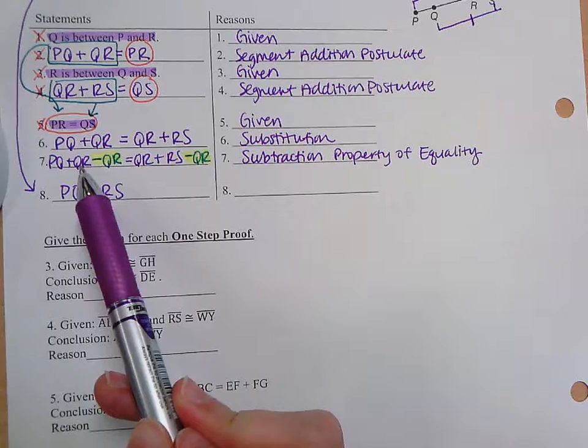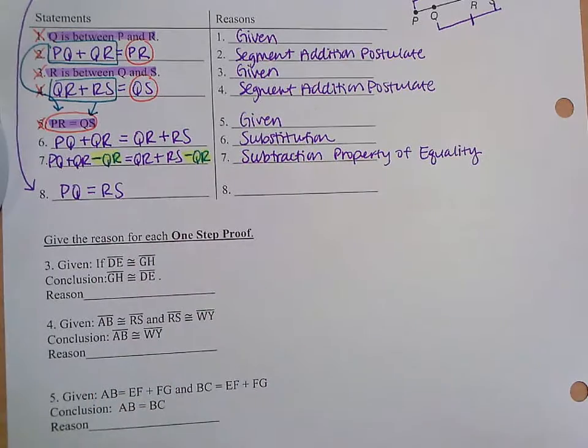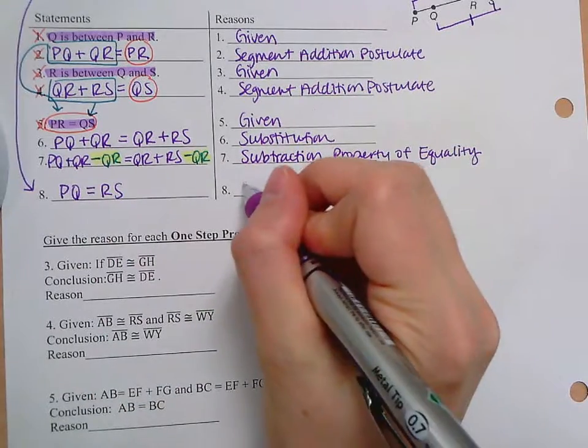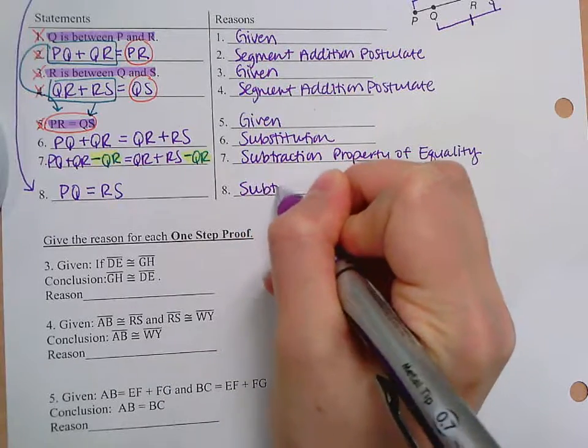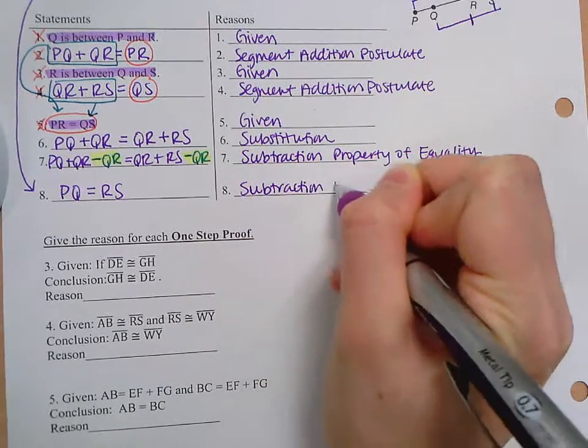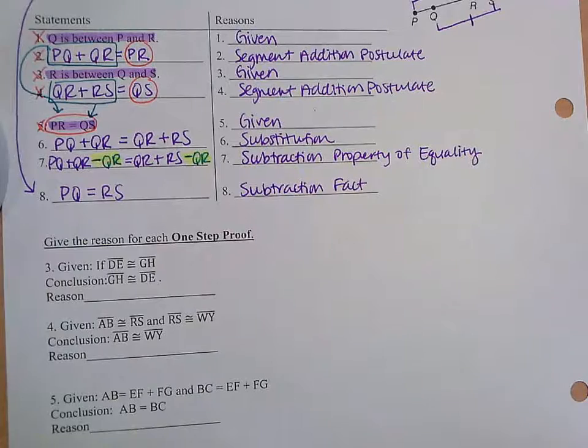It's a fact that QRs, when you subtract from both sides, they're just going to be gone. So this would be a subtraction fact. That QR minus QR is 0, essentially, is a subtraction fact. Okay, but notice how you're building, using what you're given to say what conclusion can I make, and then now I have this equation trying to get to what you're trying to prove. Questions there?